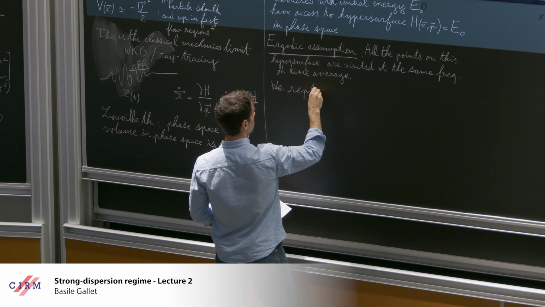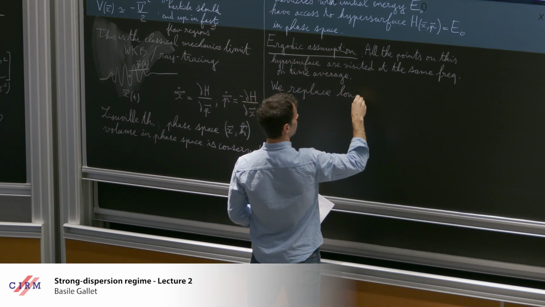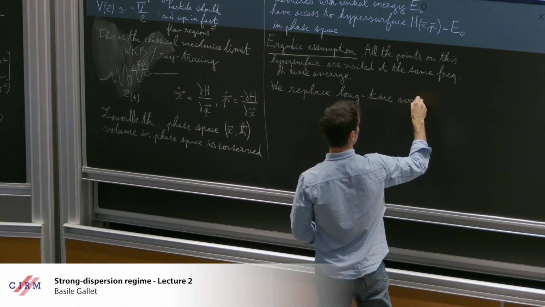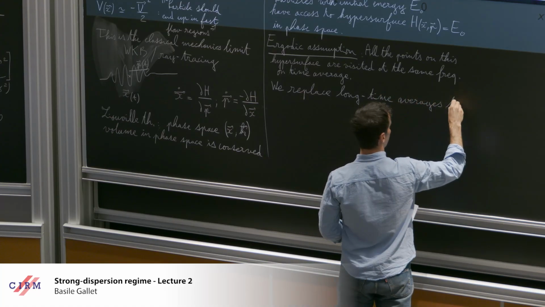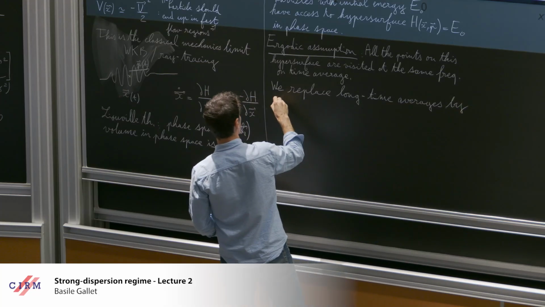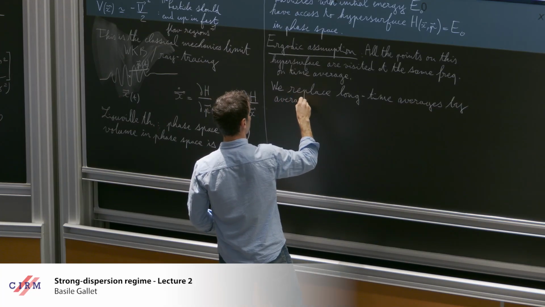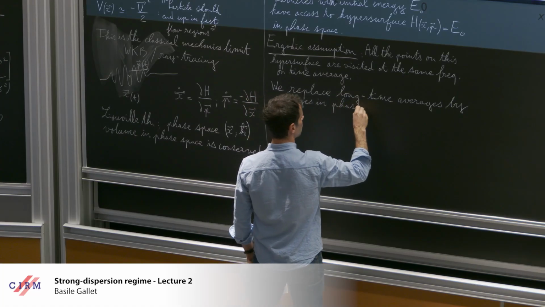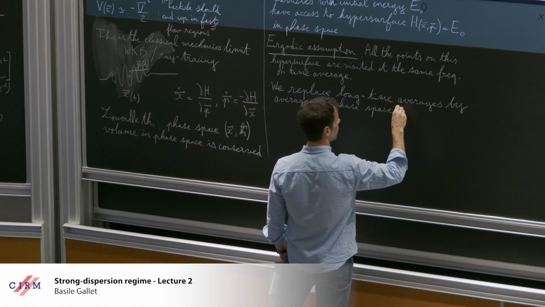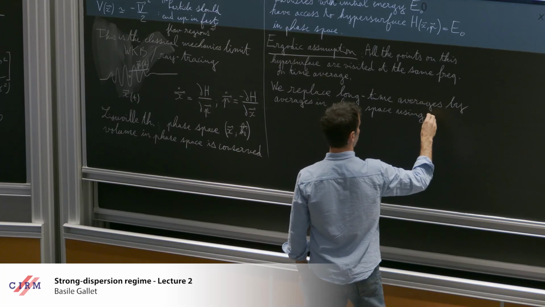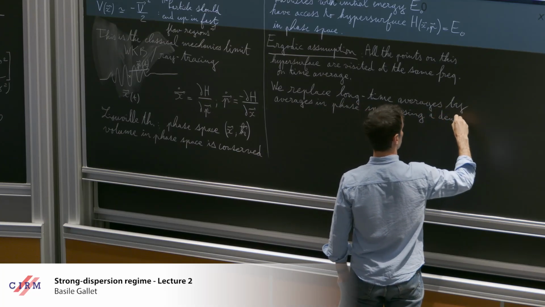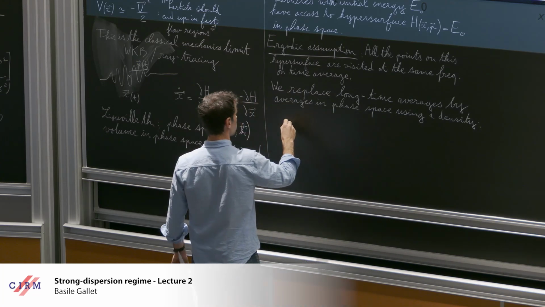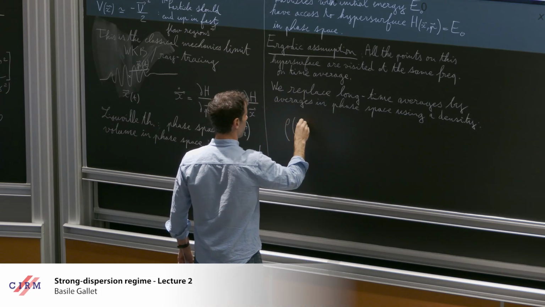So basically, we're going to replace long time averages. That's the recipe now. Long time averages by averages in phase space, using a density in phase space that would be some rho of xp.